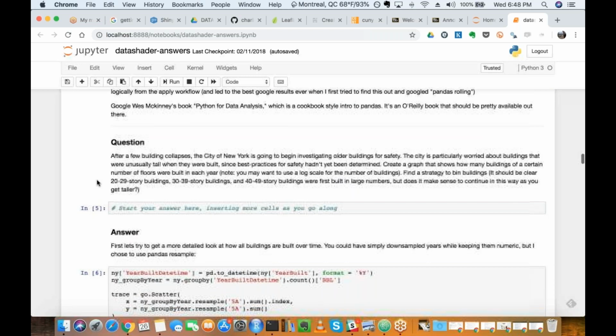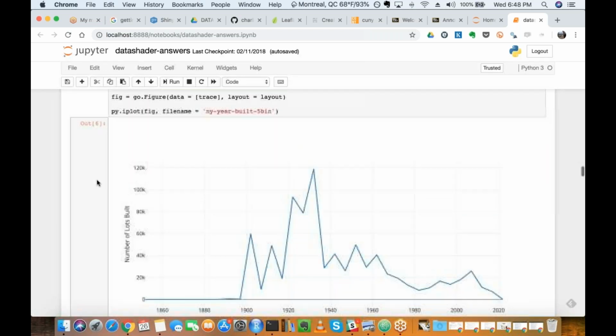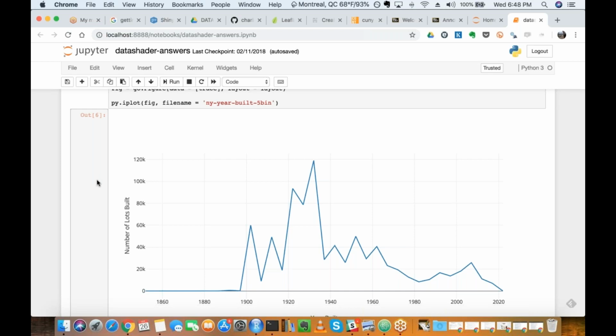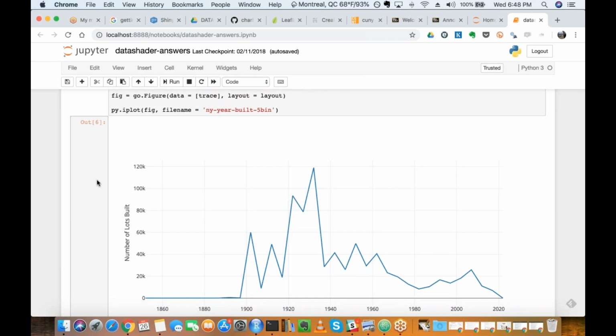So the first thing I did was just group it by 5 years, so you get more of a trend of what's happening. And Chunhui, you're absolutely correct that New York City started out as obviously a smaller city and then began to grow, and you see that pattern.